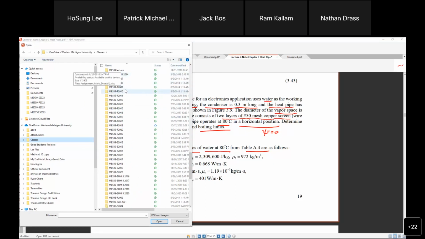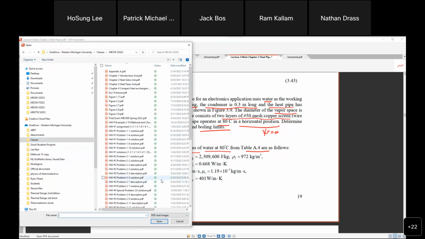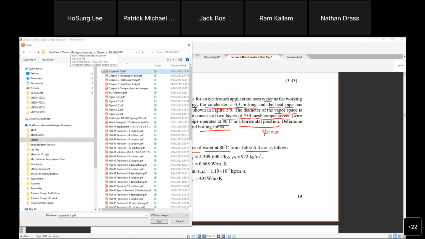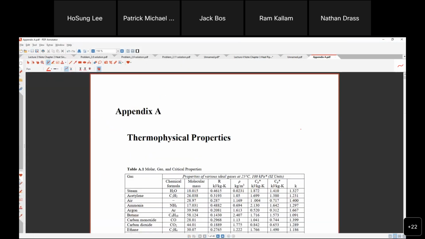I'm sorry, I should have found it before. There is a table, appendix A. Open.